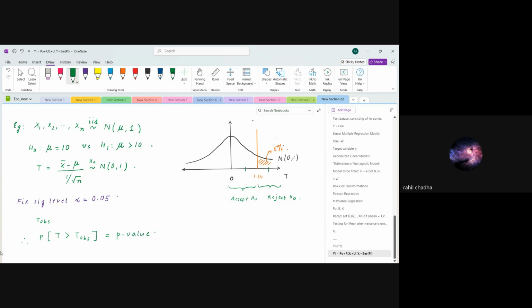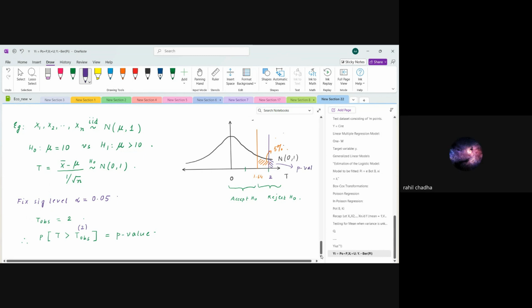Let's give this a number, for example. मान लो कि मेरे ऑब्जर्व टेस्ट स्टैटिस्टिक का वैल्यू, based on तुमको जो रैंडम सैंपल तुम्हारे पास है, you observe this value to be 2. So in this example, I want to find out the probability that the test statistic will take a value more than 2. So मेरा 2 इधर होगा, right? So the probability that t will take a value more than 2 will be this area. So this will be your p value.